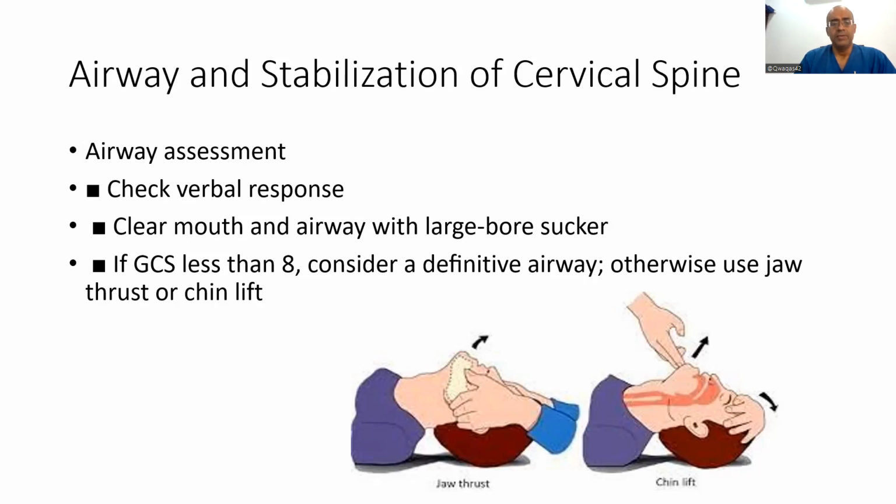So what are the various steps in clearance of the airway? I will briefly talk about the airway management because this component will be covered by the Department of Anesthesia. If the patient is communicating, the airway is intact.